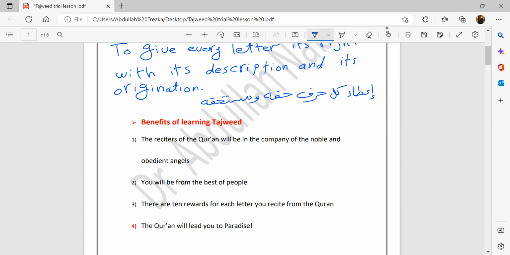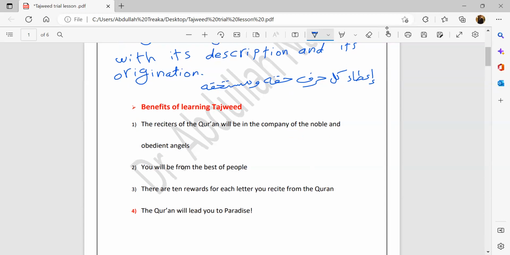And as for the one who recites with difficulty, stammering or stumbling through its verses, he will have twice that reward. This is a hadith in al-Bukhari and Muslim. والذي يقرأ القرآن وهو عليه شاق ويتتعتع فيه فله أجران. So reciting the Quran with Tajweed makes you in the company of the noble and obedient angels.